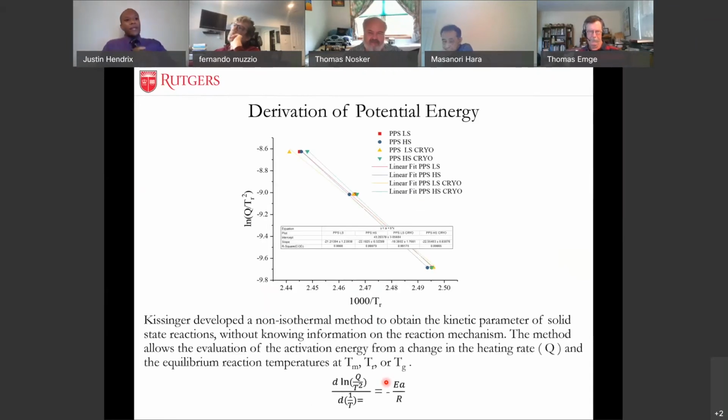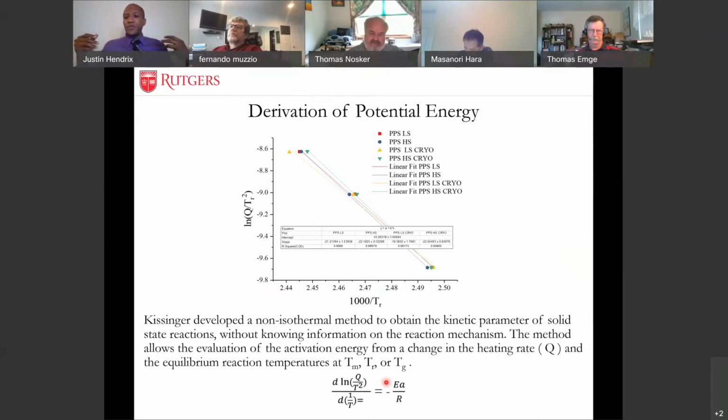Now here's the experimental work. This is done using Kissinger's equation. Kissinger found a non-isothermal method for looking at some of the kinetic parameters for reactions that go on in the polymer solid state, and this is done by taking, in this work, 3 different heating rates at 10, 20, and 30 degrees Celsius per minute using differential scanning calorimetry.